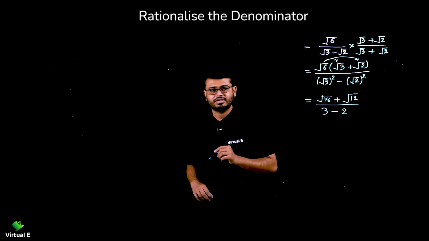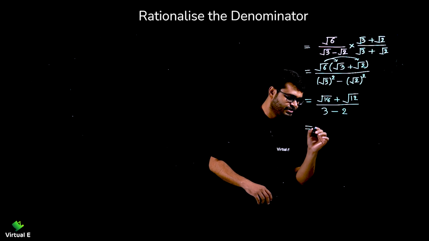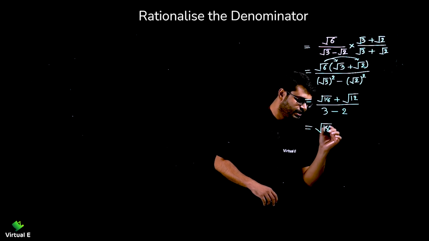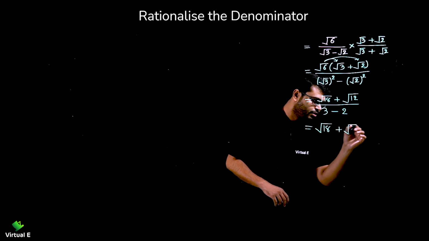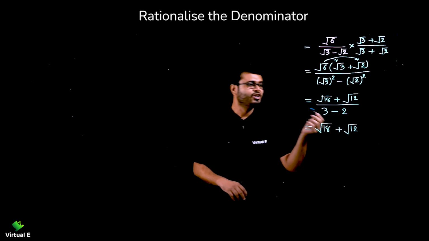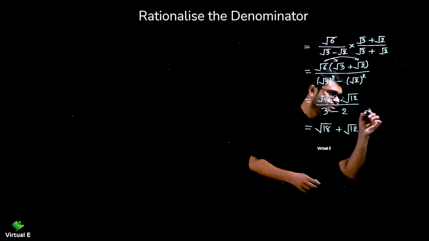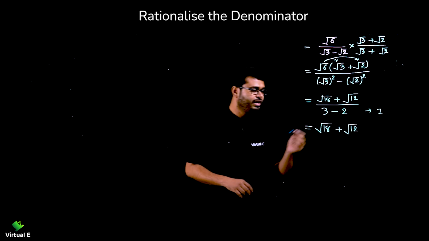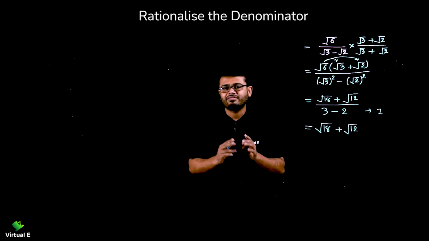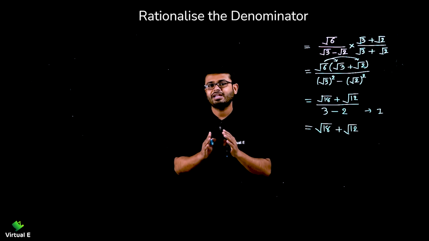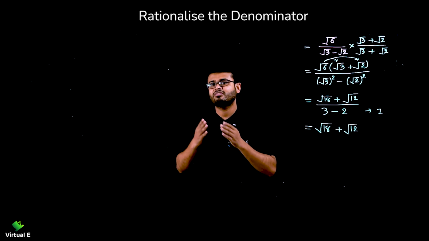Now 18 is over there. Okay, let's first of all write it in this way: square root of 18 plus square root of 12. Done, and the denominator 1 will be there, so I'm not writing it, it doesn't make any sense. We can write here that it is 1 only. Now 18 we need to simplify. This is a composite number. Can we write this 18 in factors of a perfect square?